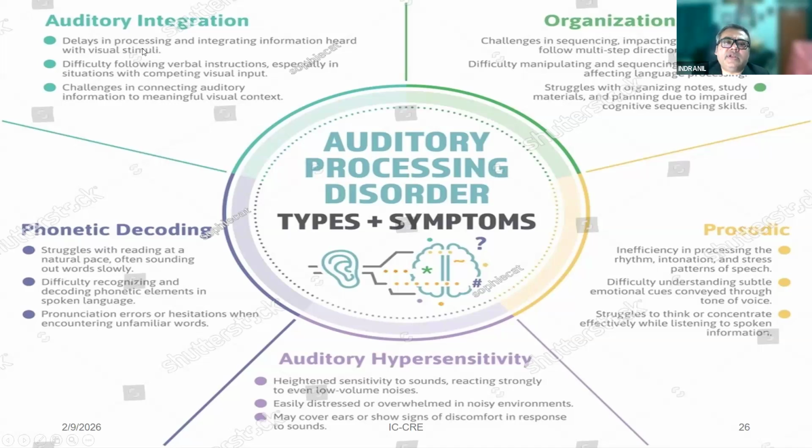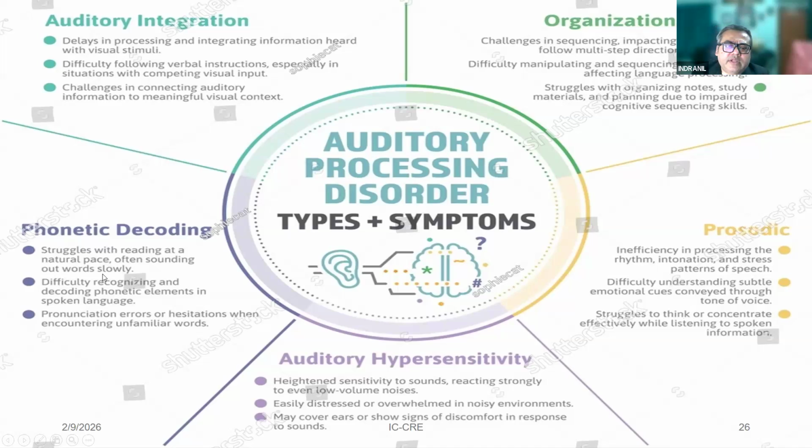So the patient may have an auditory integration problem, like delay in processing or integrating information, difficulty with visual stimuli, or with competing visual input, etc. Then organizational deficits, like cognitive sequencing, etc. Then prosodic issues, like variations of different intonations, stress, emphatic stress, different patterns of prosody.